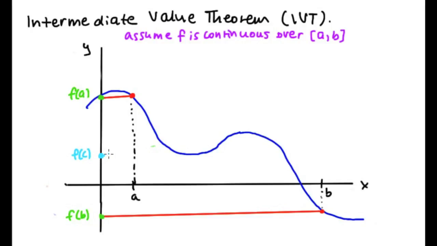So you may be thinking, what the hell did he just say? Well, let's try and make this a bit clearer and draw a horizontal line, y equals f of c. So this is y equals f of c, this line, and you can see that this line intersects our function at some points, namely this point.